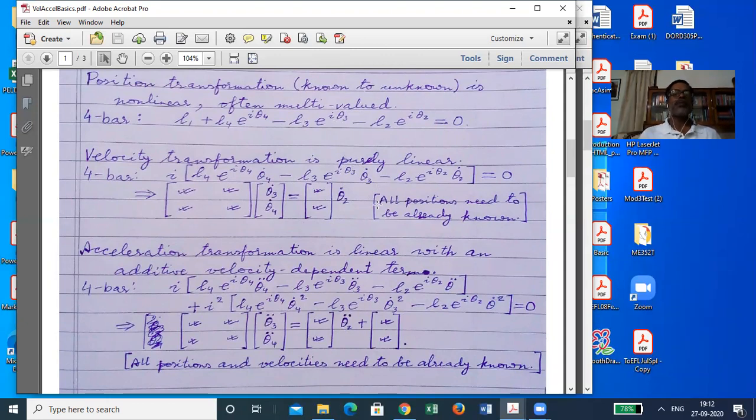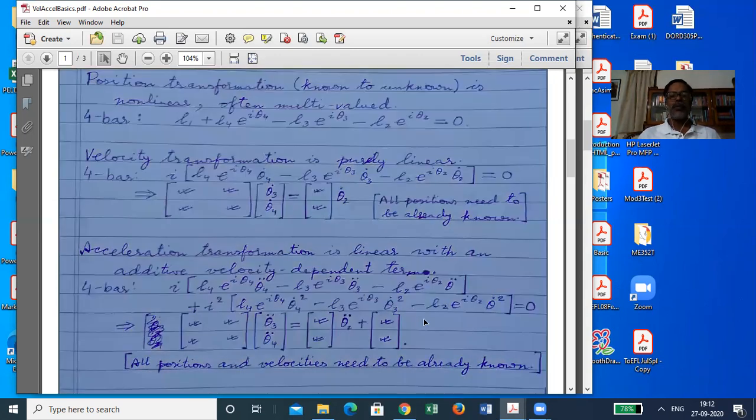Okay. Acceleration analysis will be slightly complicated compared to the velocity analysis because of this extra additive term, because of this additional feature in the form of the equation.